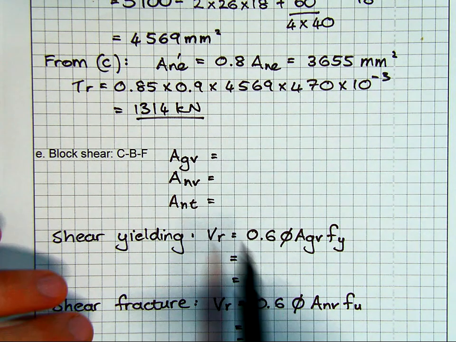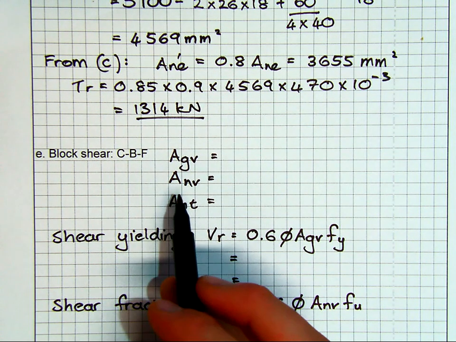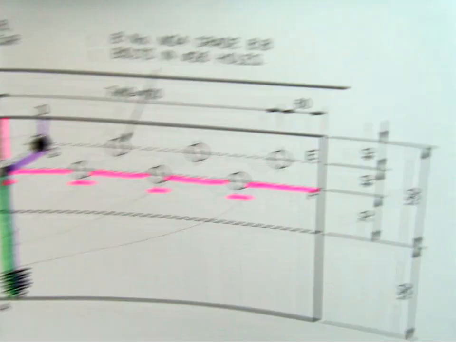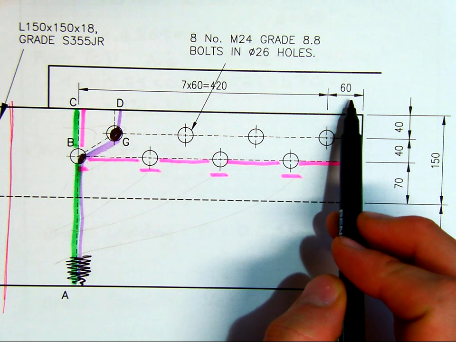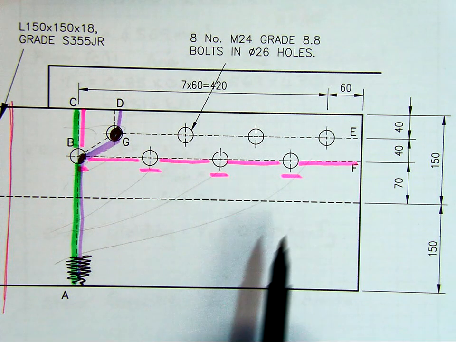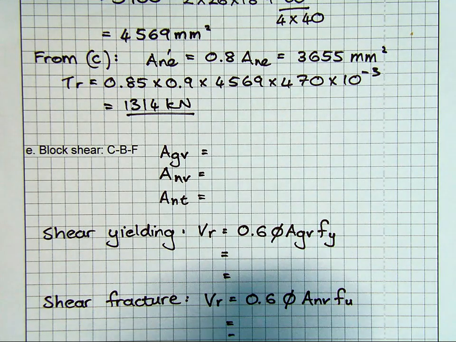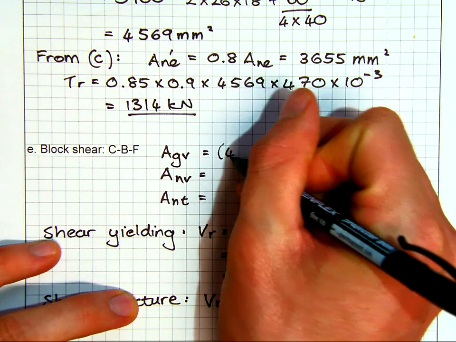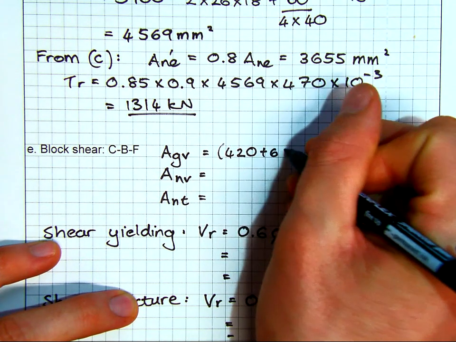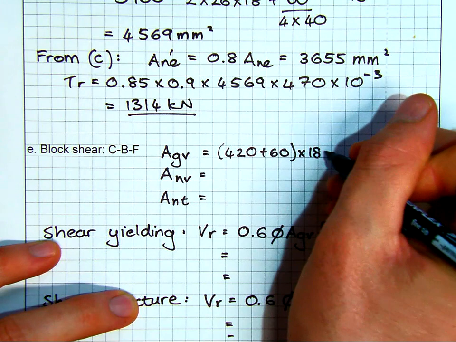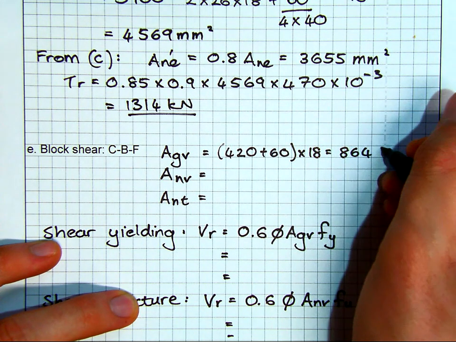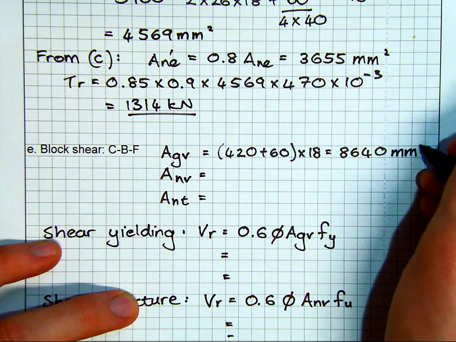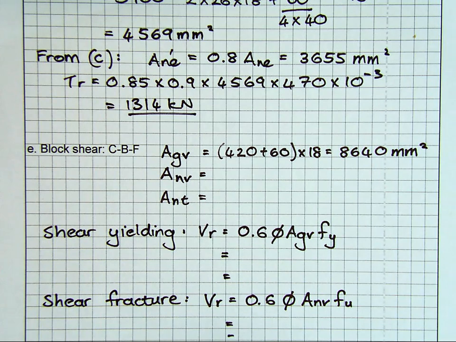Now our gross area in shear is just this total length, 420 plus 60, so it's 480 millimeters, times the thickness. So this is 420 plus 60 times 18, which is 8640 millimeters squared.